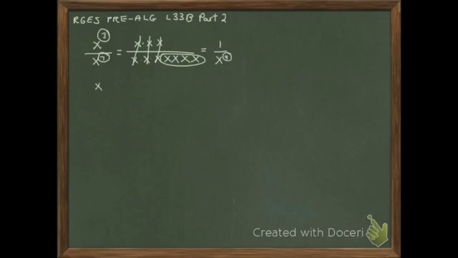I could say x to the fifth over x to the ninth. I have more in the bottom, so it'll be 1 over, how many more? Just like that. I have 7 in the top and 2 in the bottom. I have more in the top, and how many more? 5 more. See? Just like that.